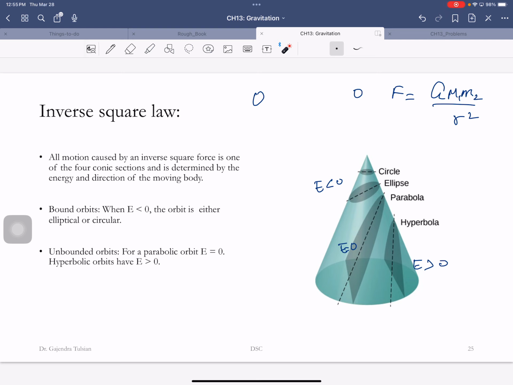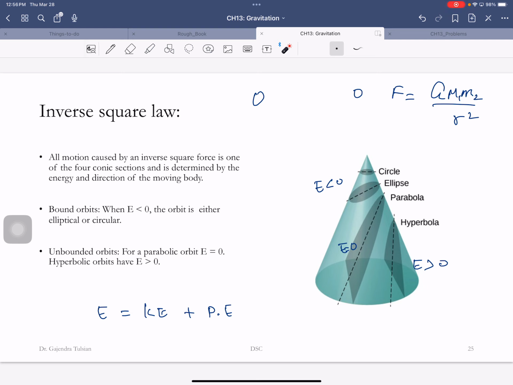So as long as this is the force law between the two objects, and let's say this is a massive object and this is a light object, the orbit of this guy can be a circle or an ellipse. This is if the total energy, kinetic energy plus potential energy, is less than 0, then it's a bound orbit. Bound meaning it just goes around it. So all planets go in elliptical orbits.